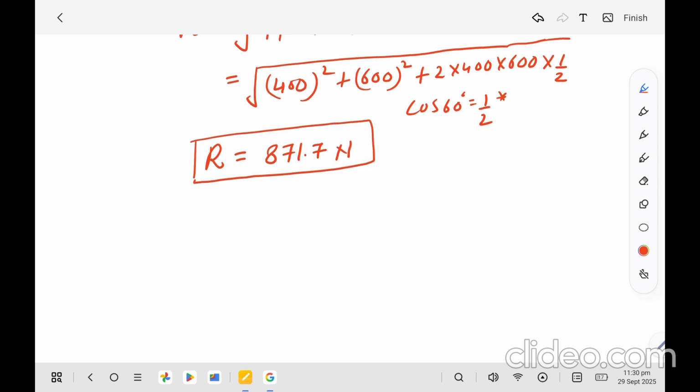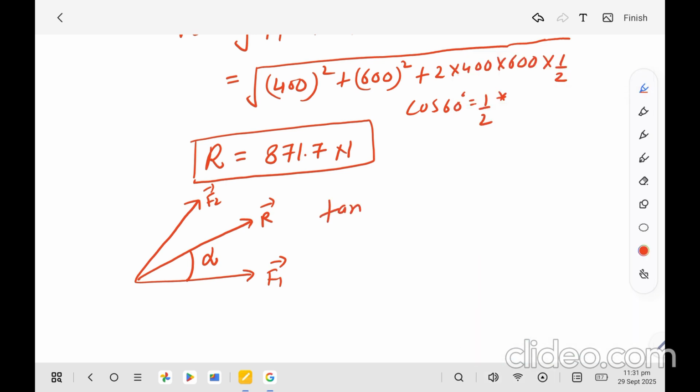And we also know that if F1 is here, this is F2 and this is the resultant force R, then we can estimate the angle alpha. We know that tan alpha is nothing but F2 sin theta divided by F1 plus F2 cos theta.